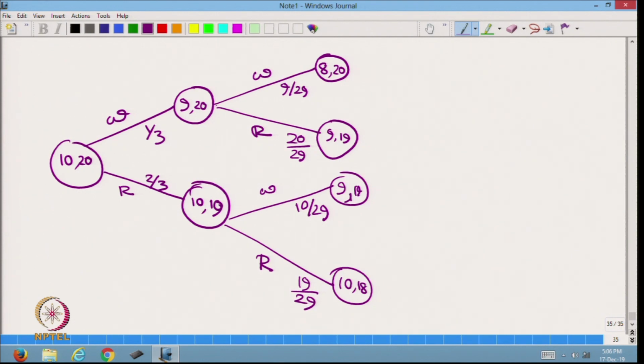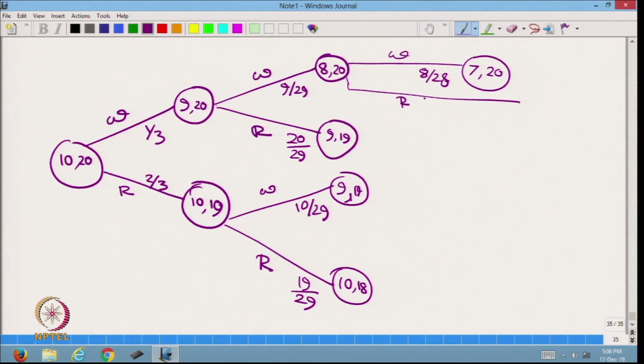Now we are drawing the third ball. Then what we are going to get is 7,20, and that probability is 8/28.